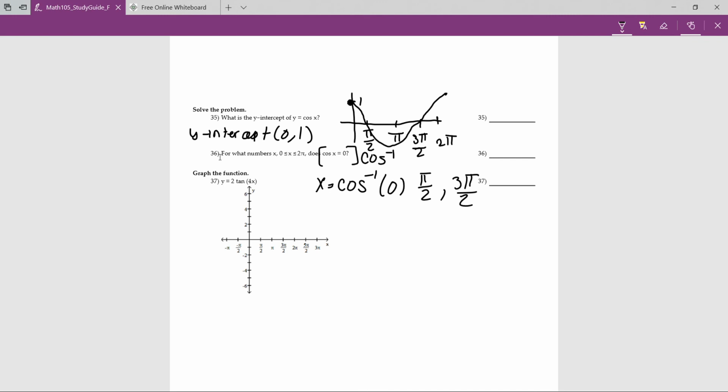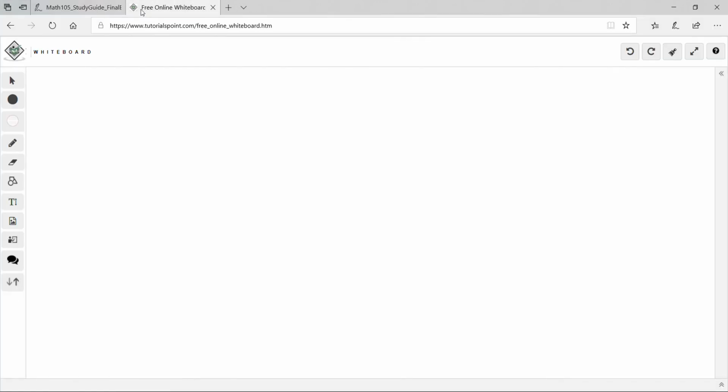One is to graph a tangent graph, and I'm just going to graph one cycle. So remember, the period is different from the sine and cosine graph. It's pi over b, right? So our period is pi over 4, because our b is 4.